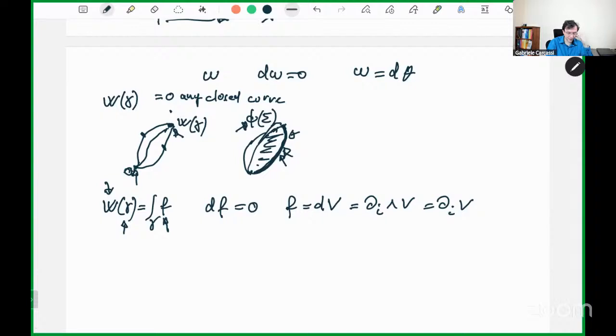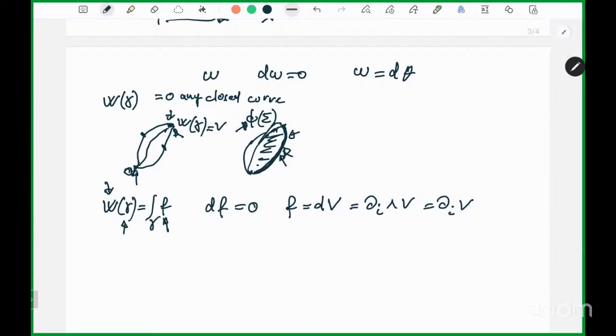So this value here only depends on the point. It does not depend on the path by which you arrive at the point. And then you say, okay, I will give to this point the value v, right? V is equal to that.